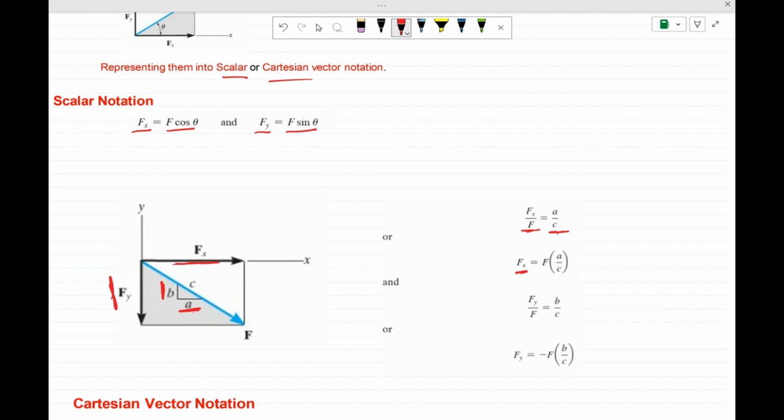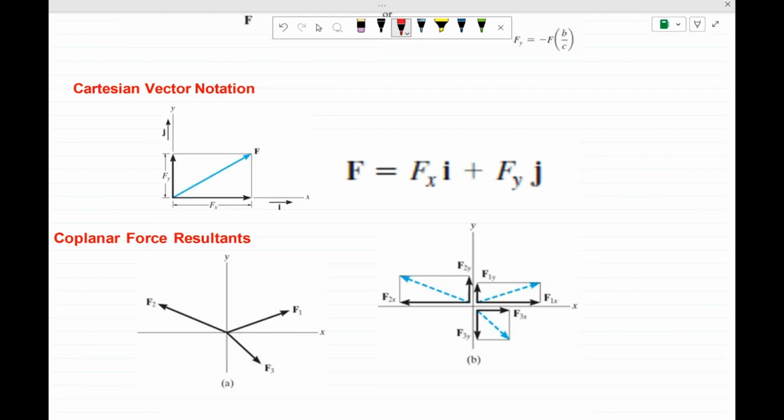F_y over F, the force itself, takes the corresponding side, b, divided by c, and solve for F_y. Pay attention to the negative sign here because F_y is in the negative direction.